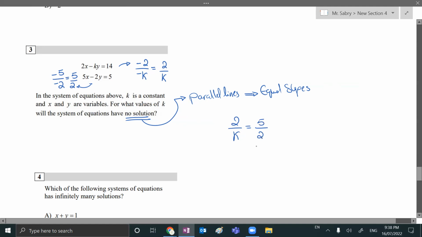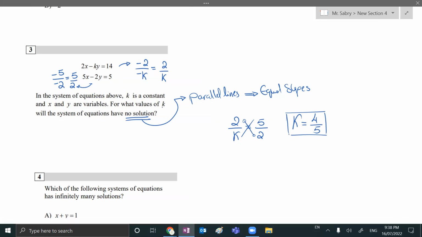We said earlier, whenever we have a fraction equal to a fraction, we cross multiply. To make it a bit faster, we multiply these two and then divide by the third one right away. So k equals 4, which is 2 times 2, divided by 5. This is the value of k where this system has no solution. Does this make sense?